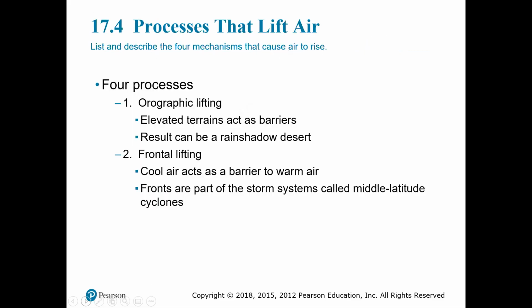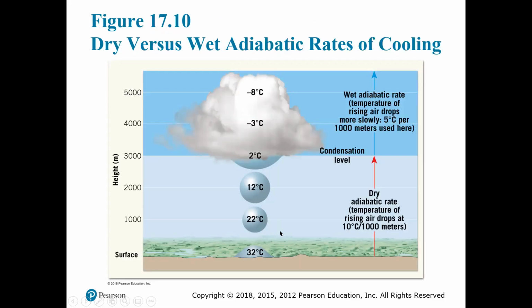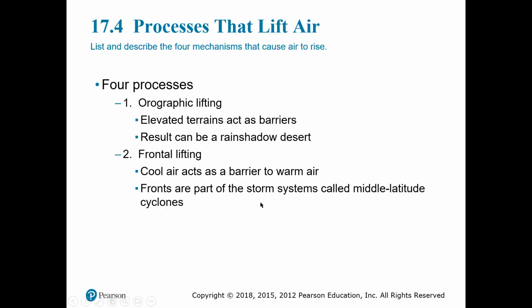So why does air rise? Sometimes it does, and sometimes it doesn't. So here, this air is rising, we get to the condensation level, it gets up high enough, it does produce clouds. So what are some processes that do that? Well, air tries to resist vertical movement.